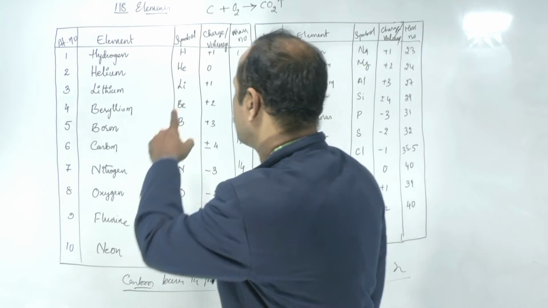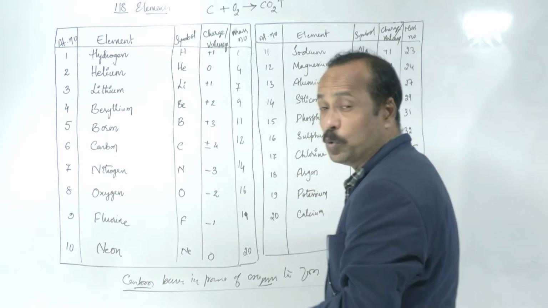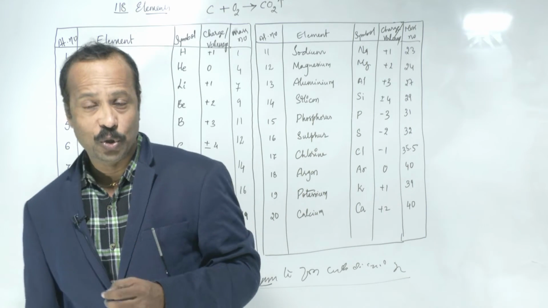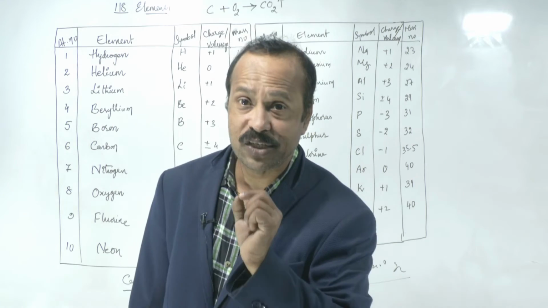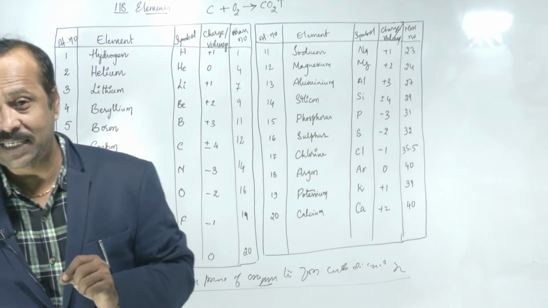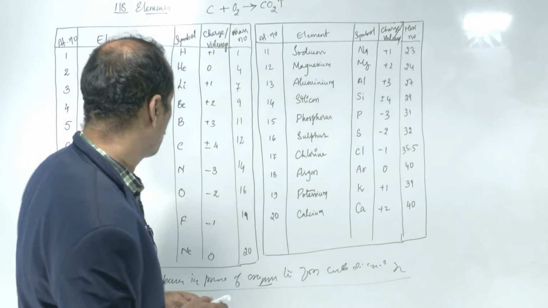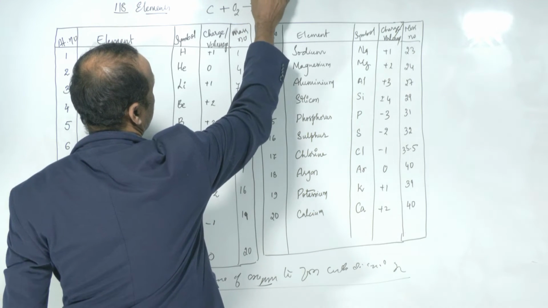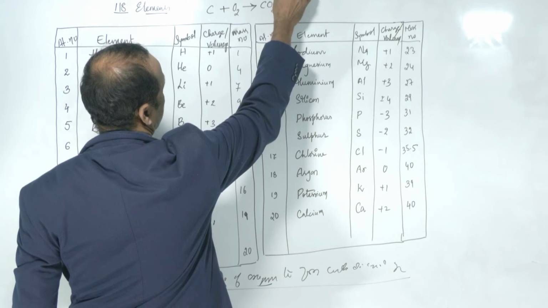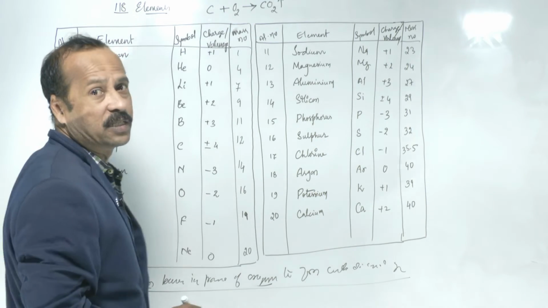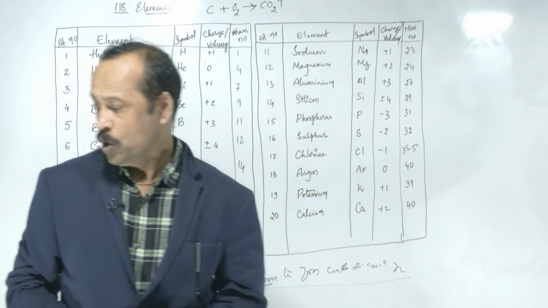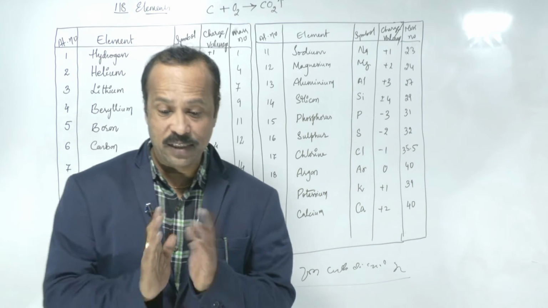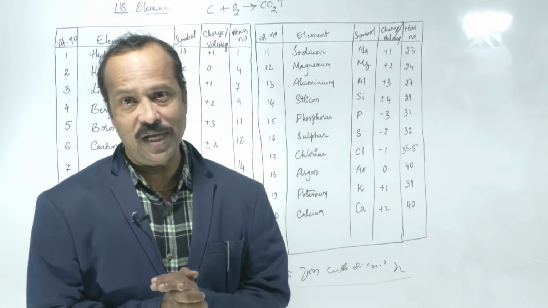That's why symbols are given to the elements. Who introduced the symbols? There was a scientist called Berzelius. Berzelius was a scientist who introduced the symbols to the elements.